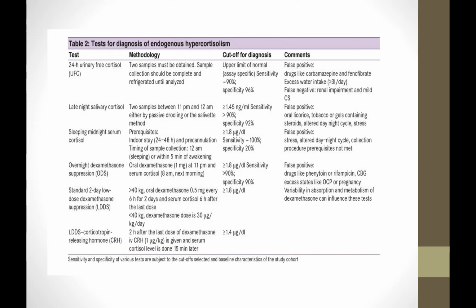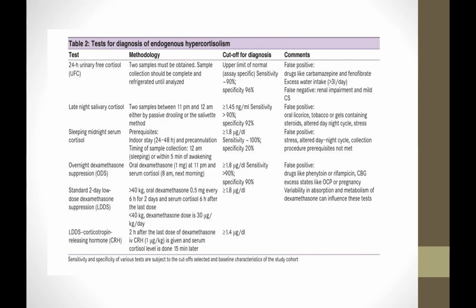And standard 2-day low-dose dexamethasone suppression test: if weight is more than 40 kg, we will take 0.5 mg every 6th hourly for 2 days and we obtain serum cortisol 6 hours after the last dose. If weight is less than 40 kg, we will adjust the dose to 30 micrograms per kg per day. The test is considered positive if serum cortisol is more than 1.8 micrograms per deciliter.